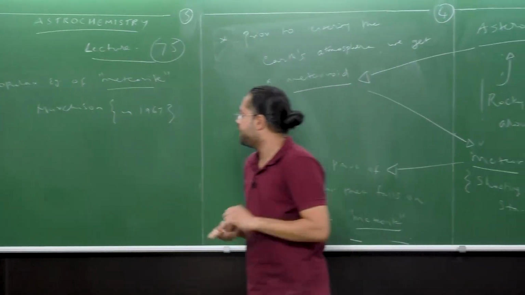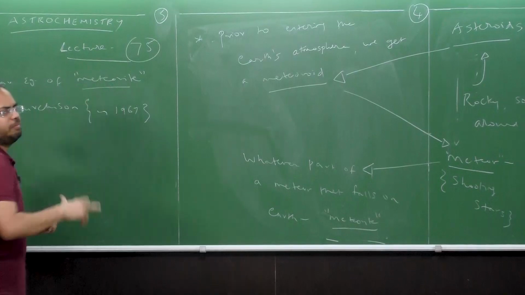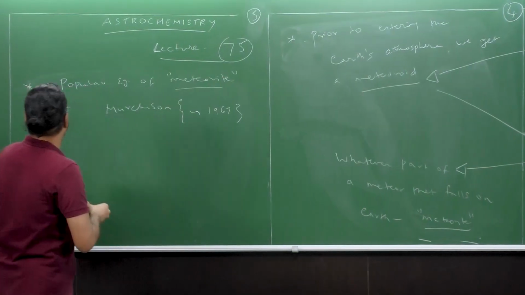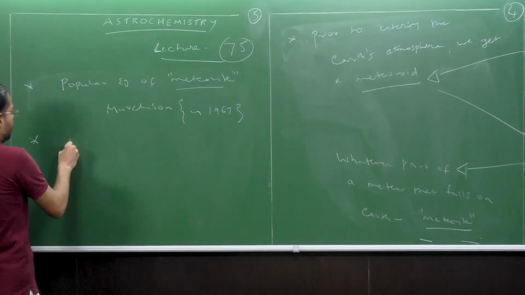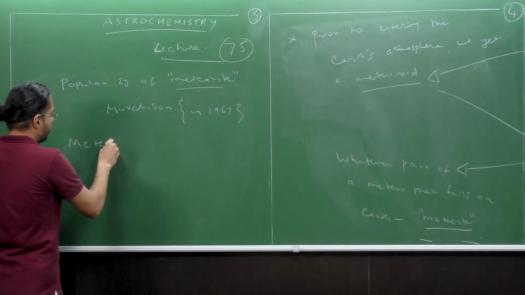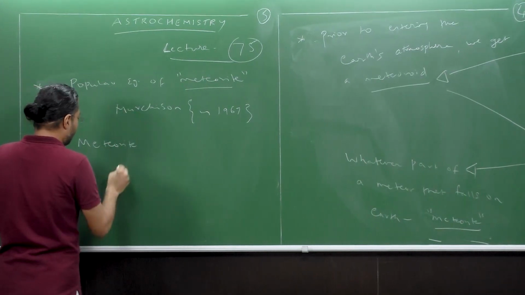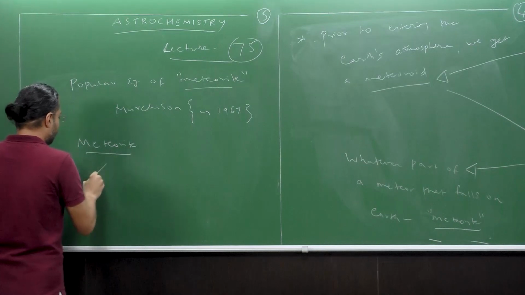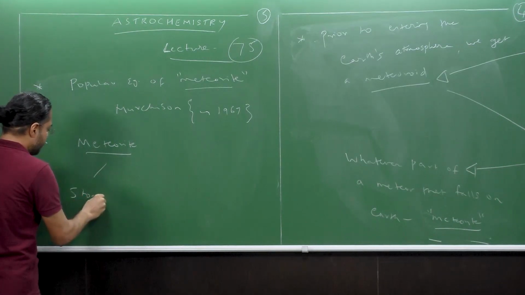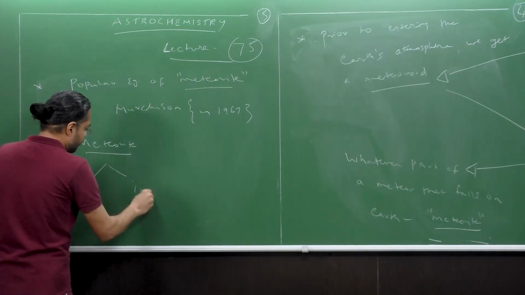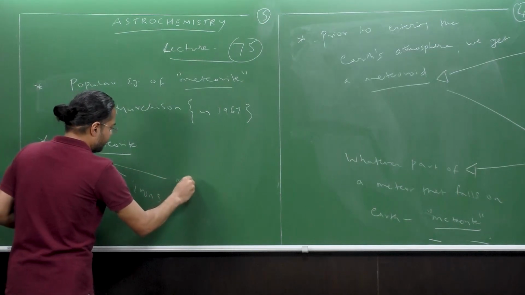All right. So meteorites can be further generally classified in the following ways. A meteorite can be classified broadly into three types: stony, iron, and a mix.